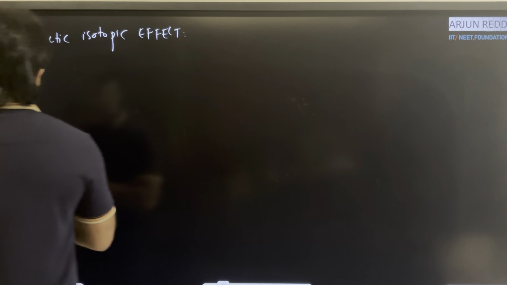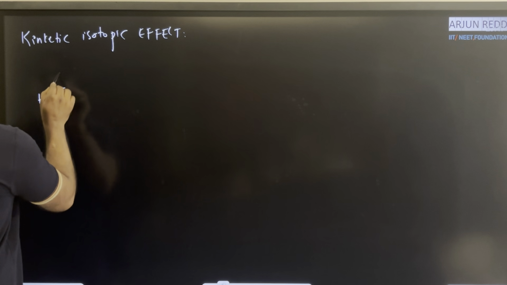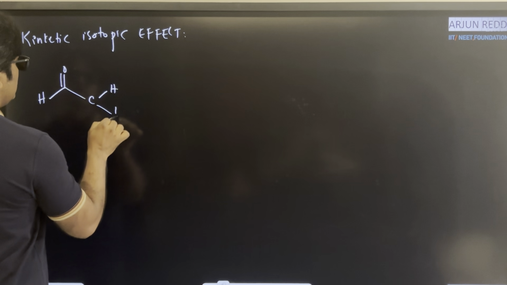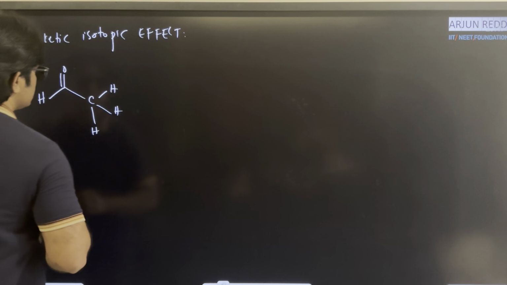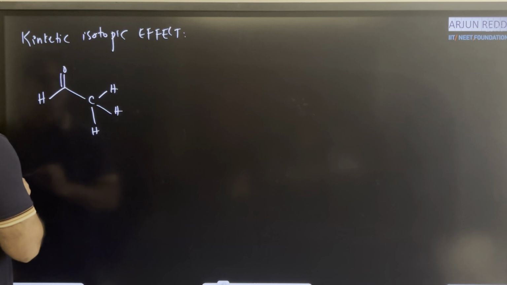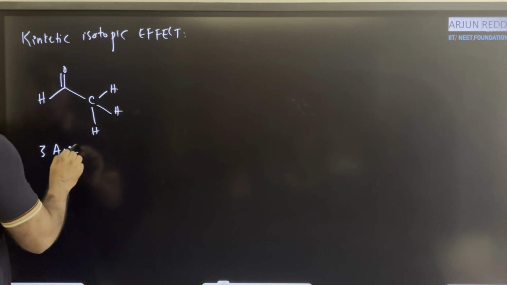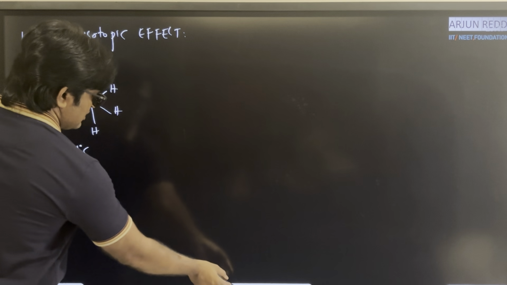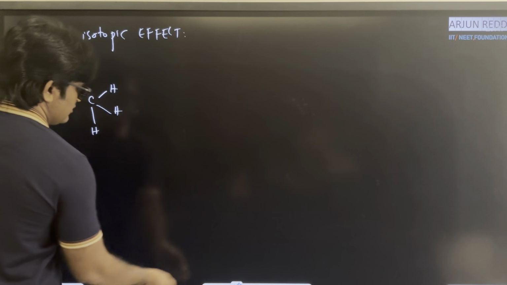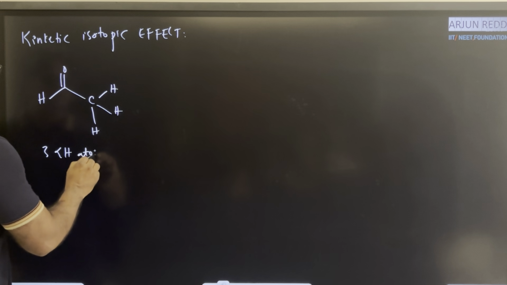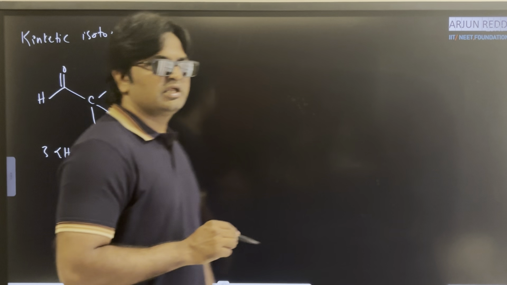To understand the kinetic isotopic effect, I am giving one simple example, HC double bond O CH3. Here how many alpha hydrogen atoms are present? It has 3 alpha hydrogen atoms, or we can say 3 acidic hydrogen atoms, all acidic in nature. What is the nature of that hydrogen?